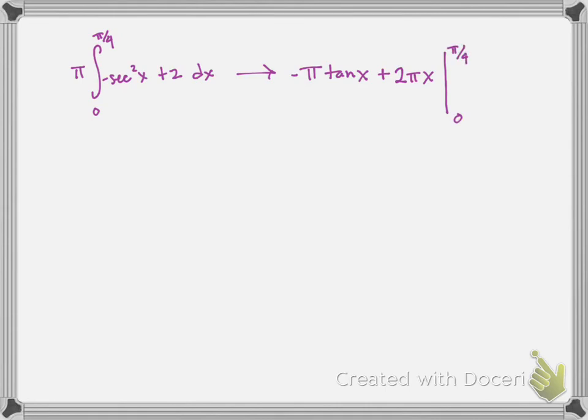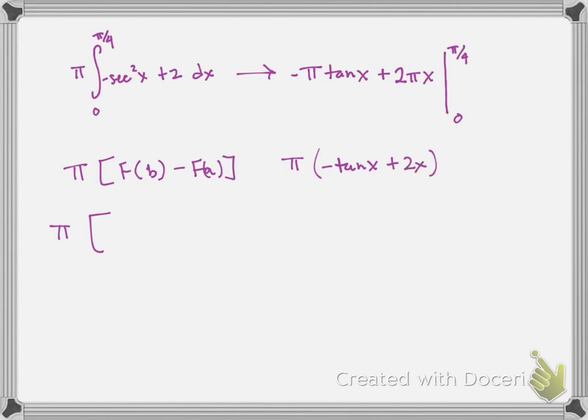So what may be easier when we evaluate it is to kick the pi out, okay? And then when I kick the pi out, I'm going to do f at b minus f at a, and then I'll put the pi back in at the end, okay? So I'm going to leave pi over here. So f at b is going to be evaluate the function. And by the way, the function, if I take pi out, is negative tangent x plus 2x.